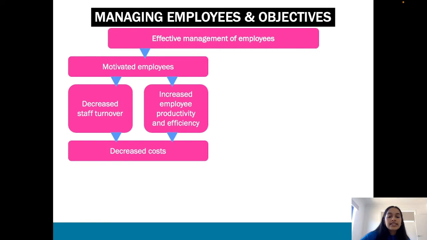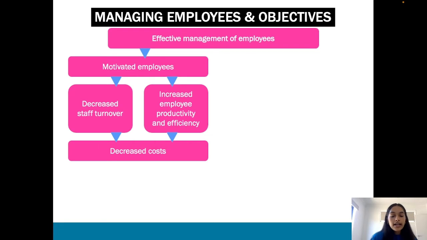Both of these mean that there's going to be less cost for the business. Less turnover means there's a lower rate of employees leaving the business and needing to be replaced. Especially when businesses are hiring employees, that's a lot of time and expense because they're having to pay recruiters to recruit employees into the business.